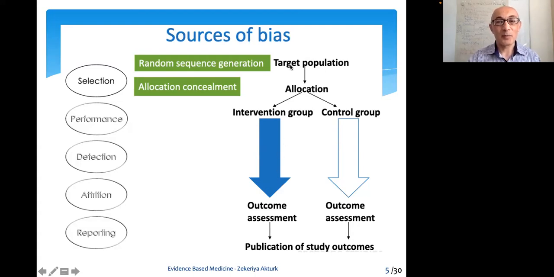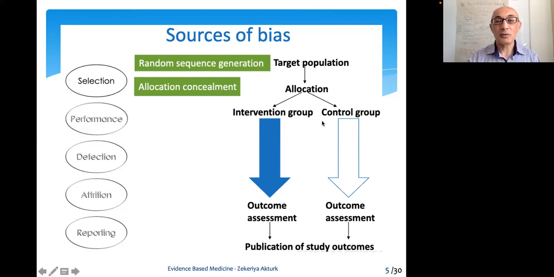You have a target population, you select some of your participants, you allocate them into intervention and control groups, two groups here, it might be more than two groups. Then you have an outcome which you assess.